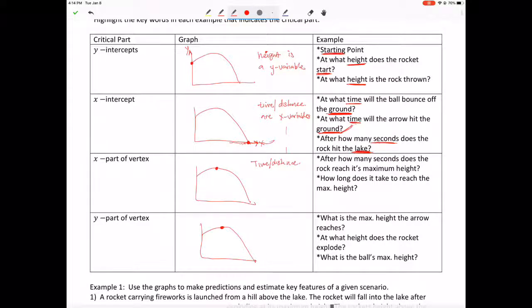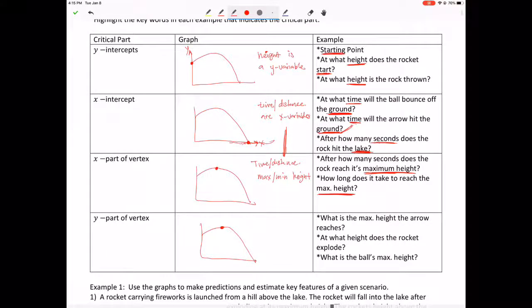So it's kind of the same thing as we do for the x-intercept, but we're looking for the time or distance that is the maximum or the minimum height. Okay, so for example, after how many seconds does the rock reach its maximum height? Or here, how long does it take to reach the maximum height?